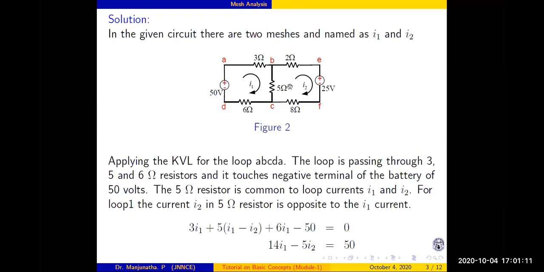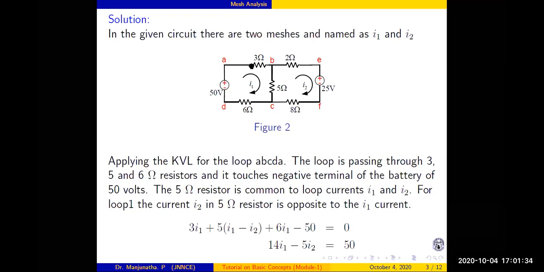This 5 ohm resistor is common to both meshes, I1 and I2. How to write? Whatever the drops, we can take them as positive.